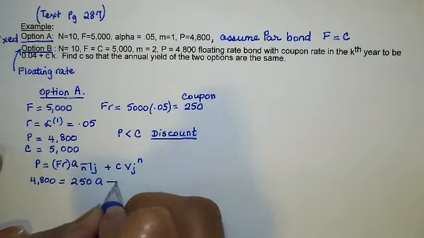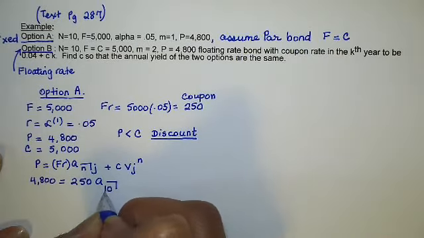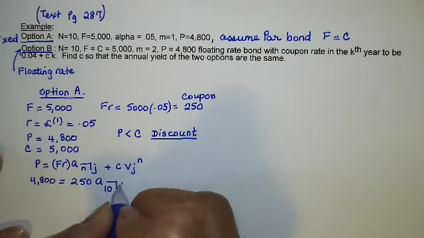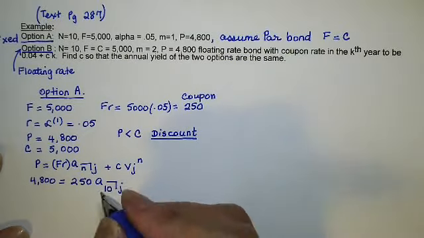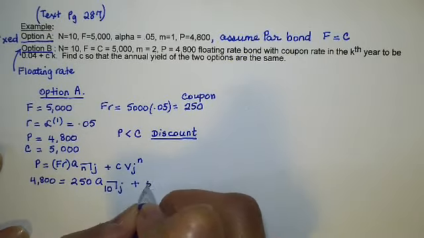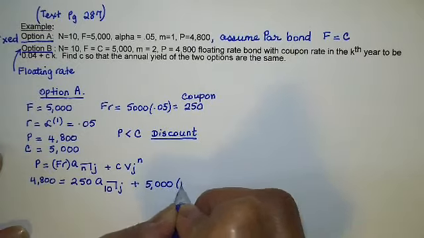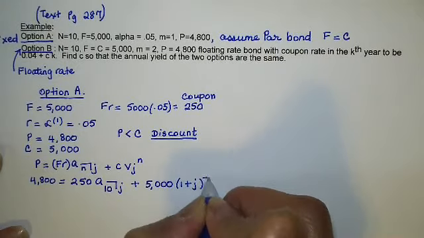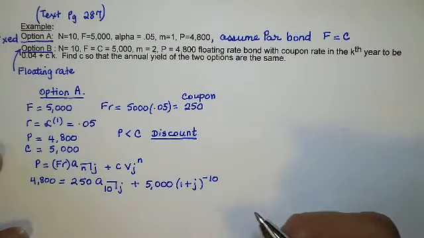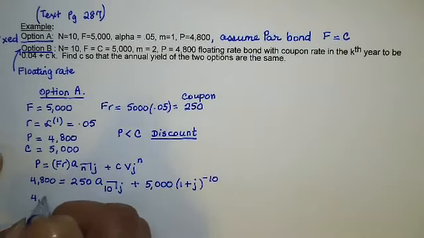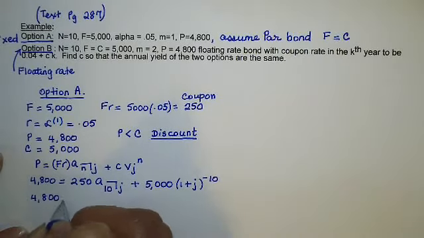So here's the coupon. 250 a angle 10 at J plus 5,000 redemption, 1 plus J to the minus 10th power.